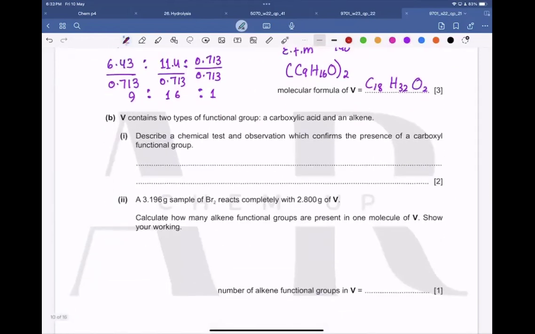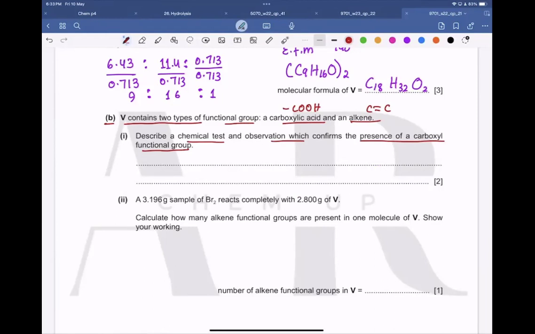Okay, now B part. V contains two types of functional group, a carboxylic acid and an alkene. Okay, so it means in this compound there is a COOH and there is a C double bond C. Describe a chemical test and observation which confirms the presence of carboxyl functional group. No, Bunny, that's wrong. 2,4-DNPH is used for a carbonyl, not carboxylic acid.